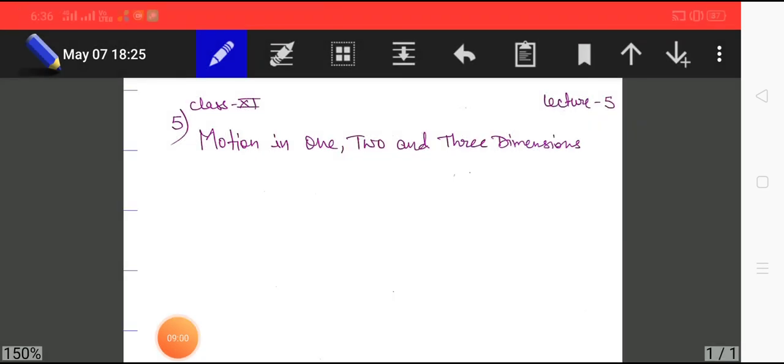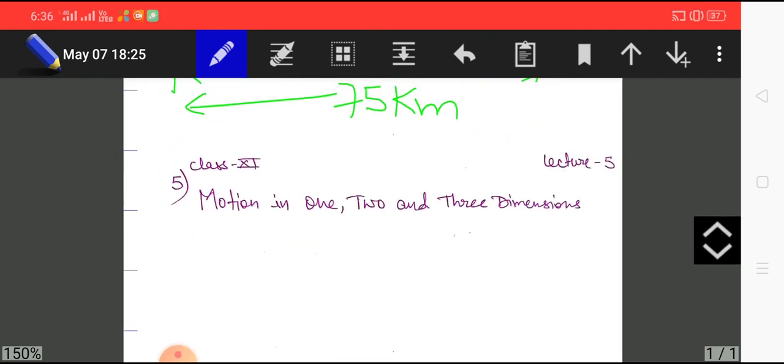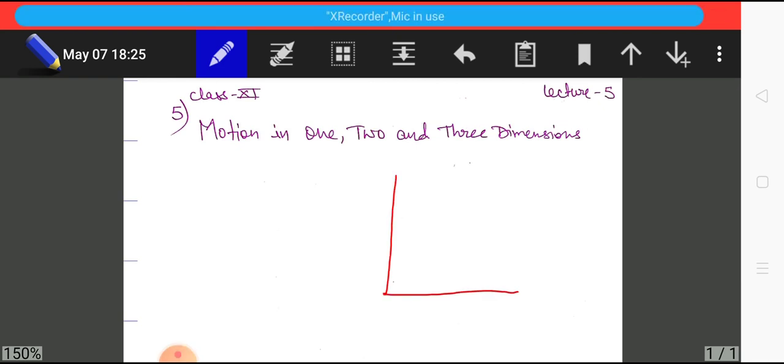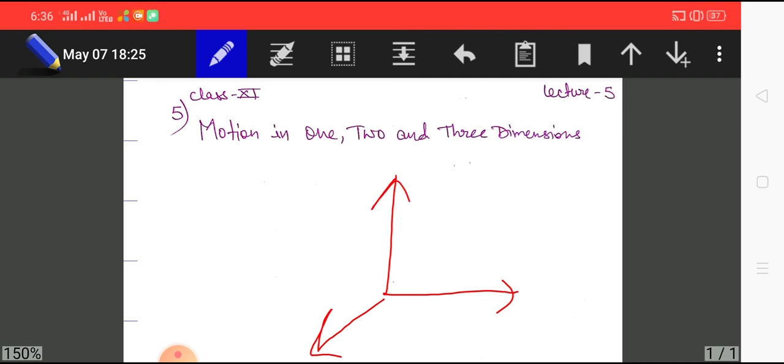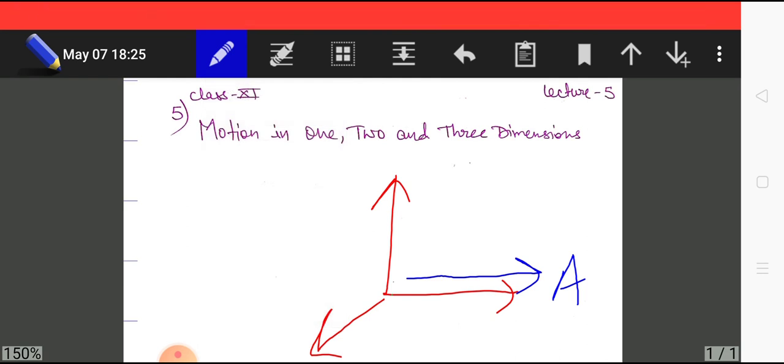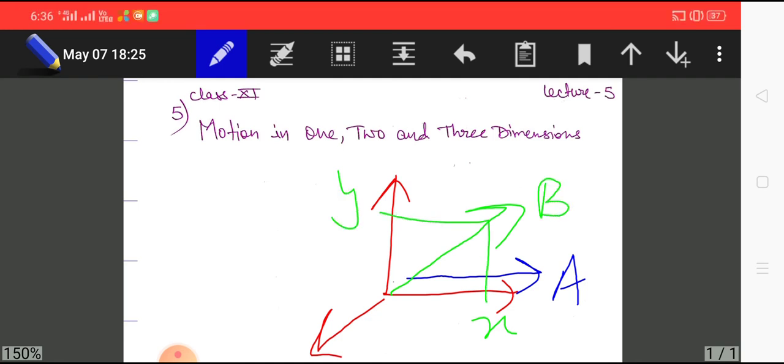Okay. And motion in 1, 2 and 3 dimensions we will discuss in the next lecture, because this lecture is already about 9 minutes. But let me give you a little brief: there are three space dimensions, and if only one dimension is changing, then the object is said to be in one dimensional motion. Like for this, an object is in one dimensional motion. Let us take a green object moving such that both x and y coordinates are changing, then it is said to be in two-dimensional motion.